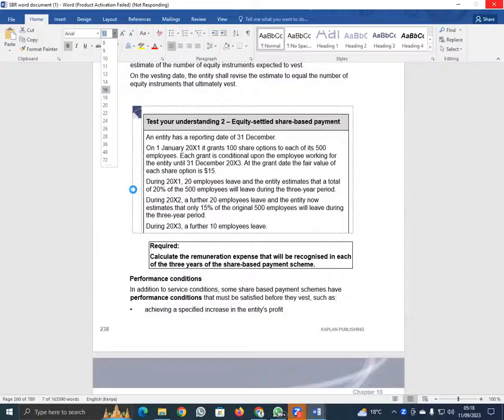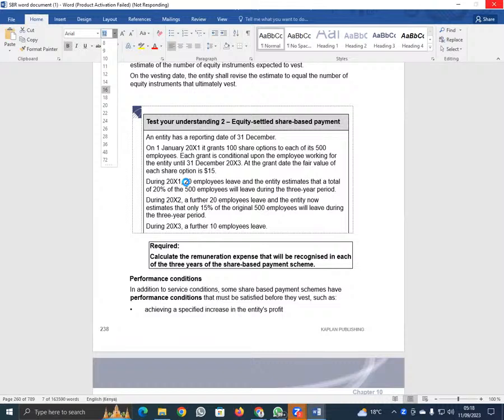Test your understanding 2: equity settled, share-based payment. You're told there, an entity has a reporting date of 31st December, so that is when we report. On 1st January 2021, it grants 100 share options to each of its 500 employees.